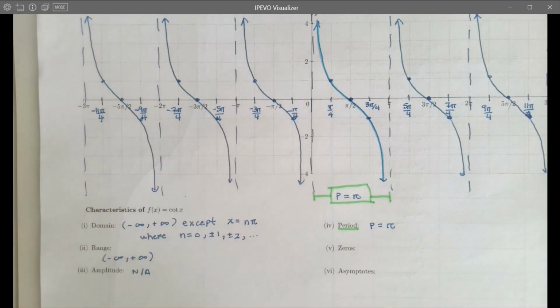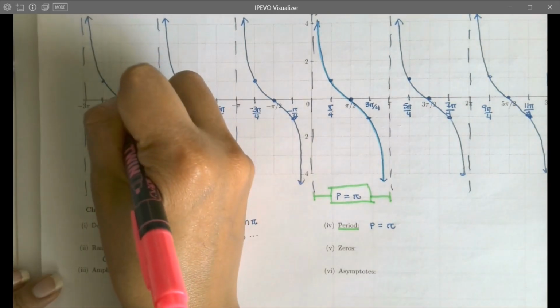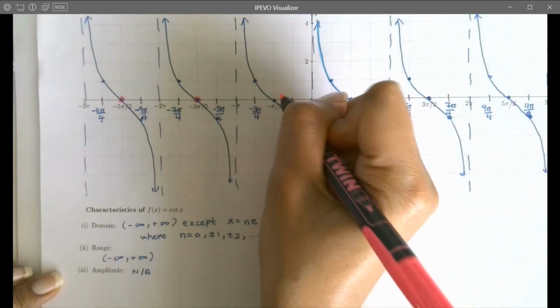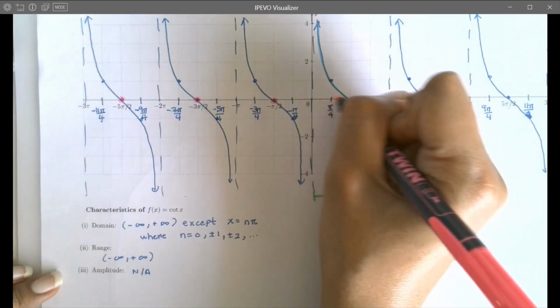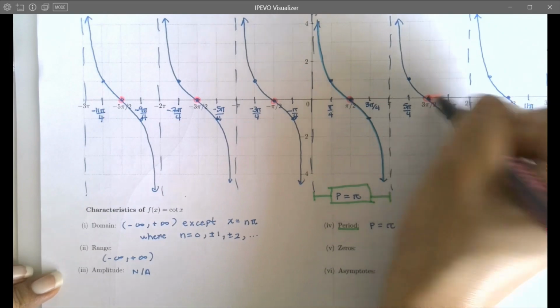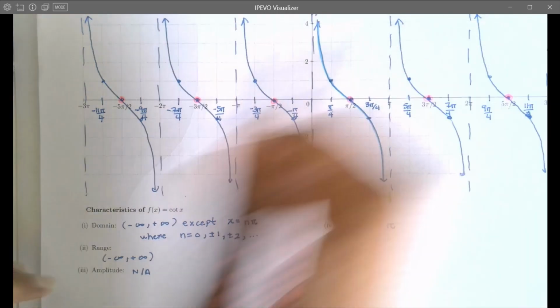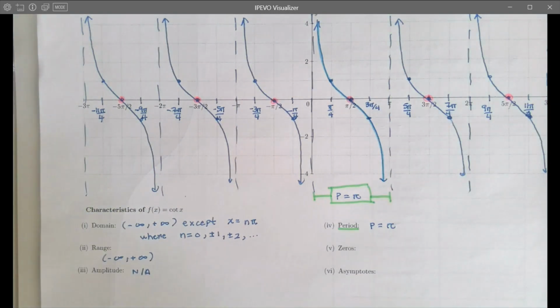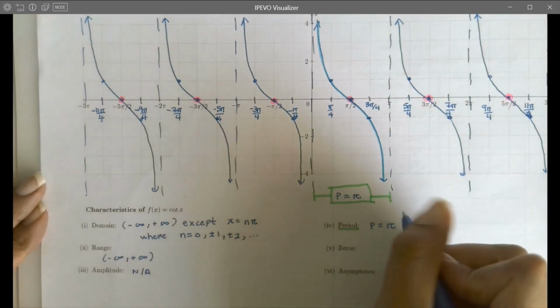Okay, what about zeros? Where does the graph touch the x-axis? Well, that happens at negative 5 pi over 2, negative 3 pi over 2, negative pi over 2, pi over 2, and so on and so forth. So the pattern that they all have in common is that they are odd multiples of pi over 2.